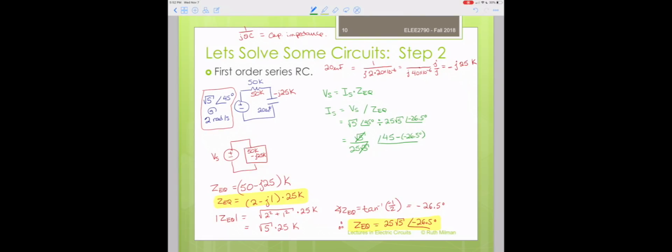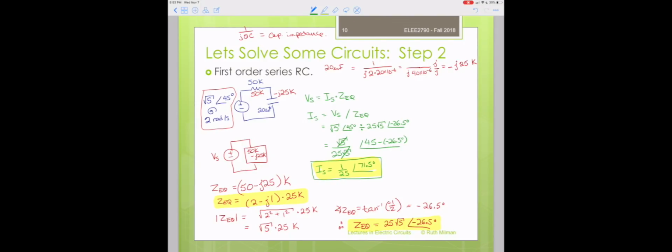Take those two pieces together, sum them up, and we're left with the current phasor is equal to 1 over 25 times an angle of 71.5 degrees. Now that we have our current, all that's left to do is calculate the individual voltages in the other parts of the circuit.